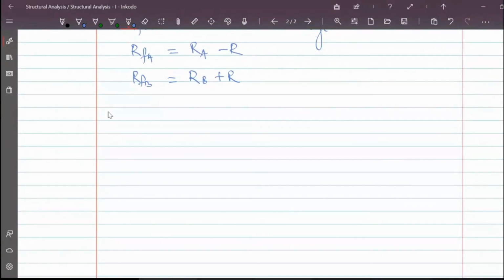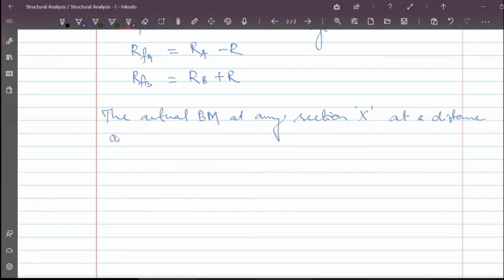So you can write the actual bending moment at any section x at a distance of x from the support A.